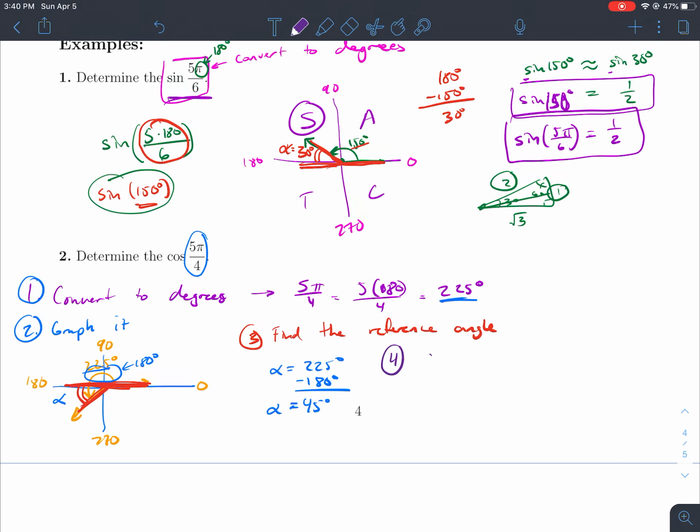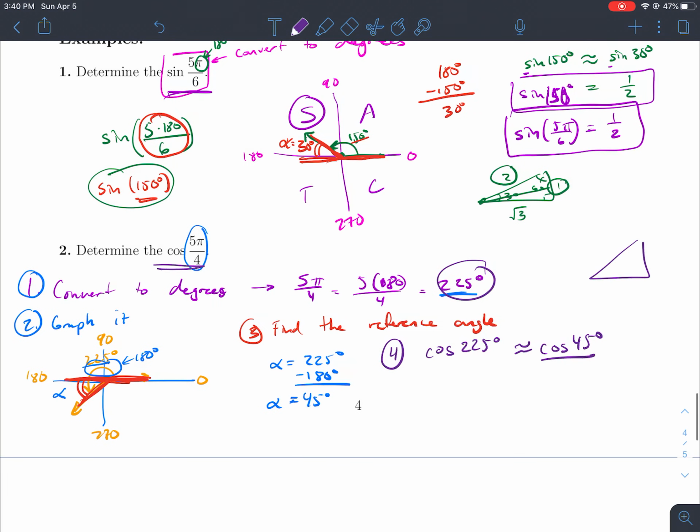For step 4, we know that the cosine of 225 degrees is going to be almost the exact same thing as the cosine of 45 degrees. To find the cosine of 45 degrees, we draw our reference triangle, 45, 45, 90. I'll just draw the right angle there, 90. 1, 1, square root of 2.